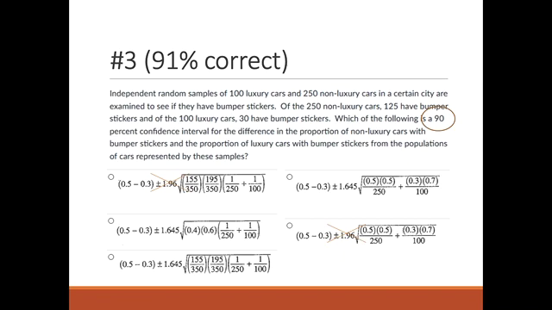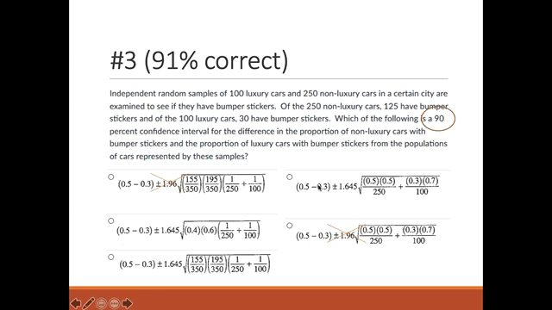So then, really the rest of the question, if you compare the formulas, there's no difference in the statistic. It's 50% minus 30% for all three of the answers that remain. So that 50% is the proportion of non-luxury cars with bumper stickers, 125 out of 250. The other proportion is for luxury cars, 30 out of 100.